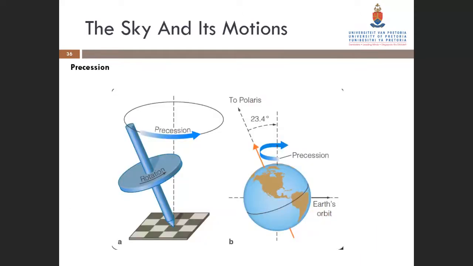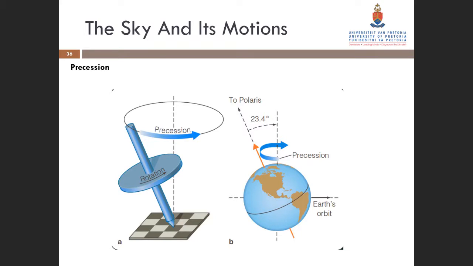If we look at a top on the left, figure A, and Earth in figure B, we can see this is spinning upright, but this is spinning in a circular way. Let me get a drawing cursor out.